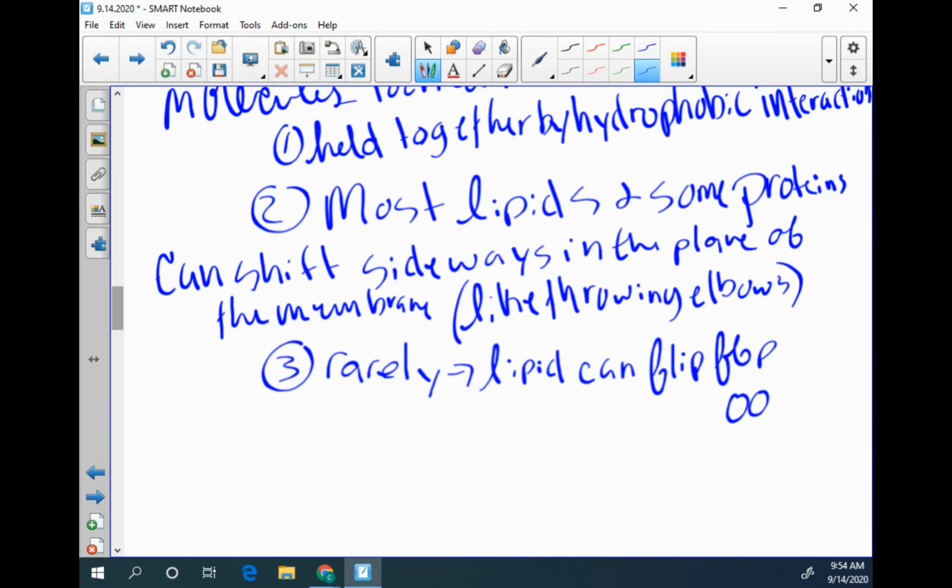Meaning if this is our lipid in question, it can go from there to there.